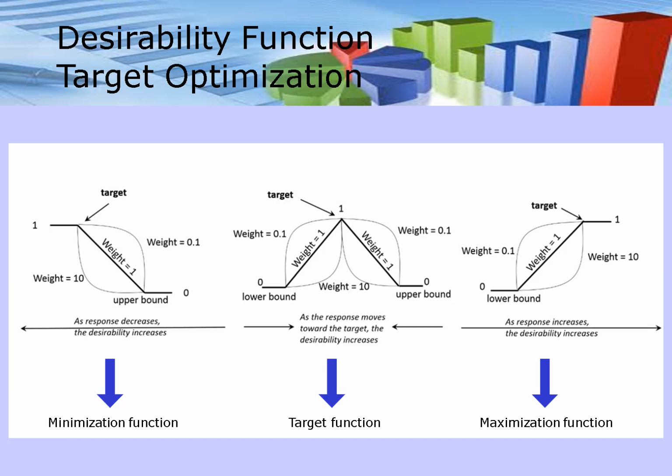Minimization, target, and maximization desirability functions may be adopted for each response of interest. Then, individual desirability values are combined in a multiple response desirability function. The optimal condition will be achieved at the highest value of the multiple response desirability function.